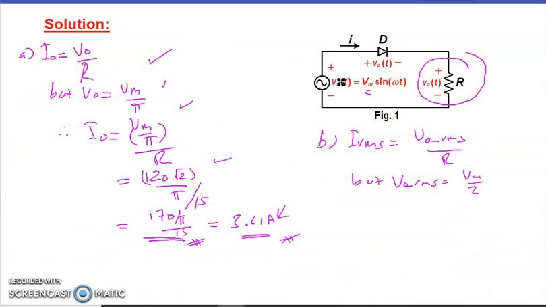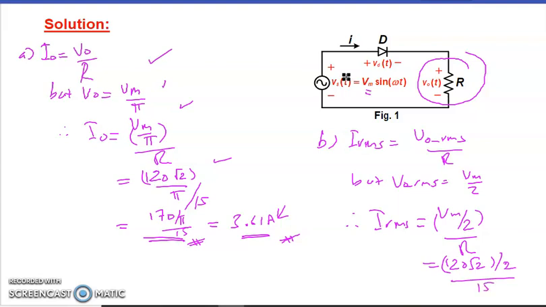So we shall have IRMS equal to Vm divided by 2 divided by R. So Vm is 120 root 2, divided by 2, divided by 15.